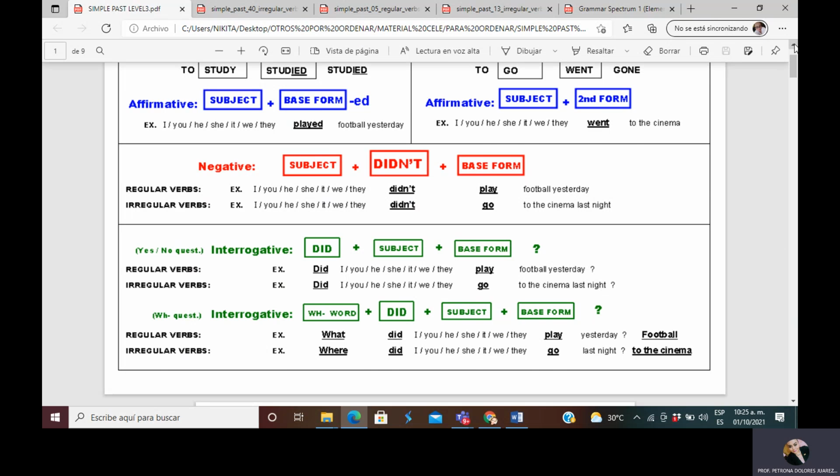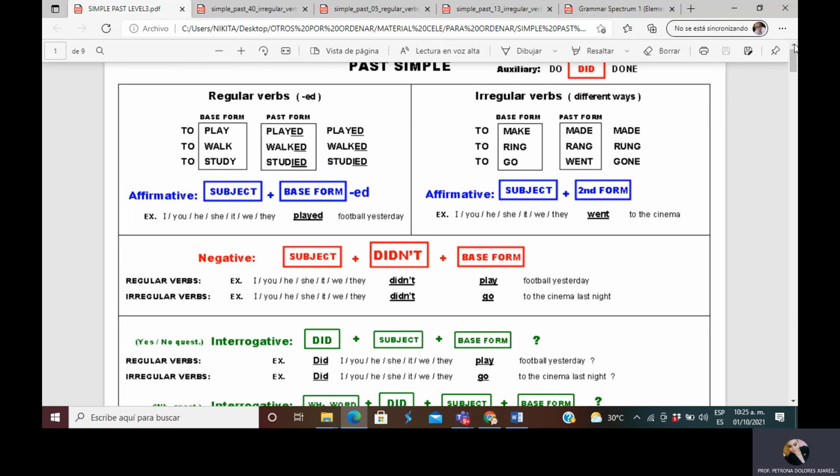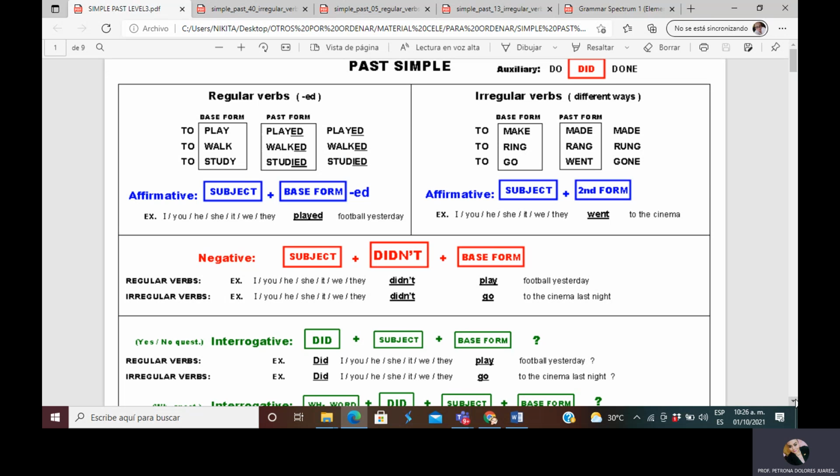Well, this is the first thing you have to notice, that is the structure and the difference between the regular and irregular verbs. It's important that you notice this difference because in the affirmative form, usually we have to follow these rules. When we talk about negative and interrogative, they are different because the verb has to come back to the base form.